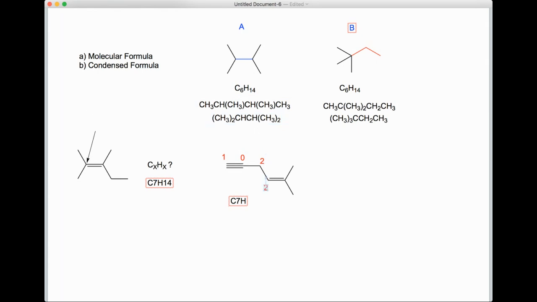There will be one hydrogen here. And there will be three here and three here. And 0 here. Okay.